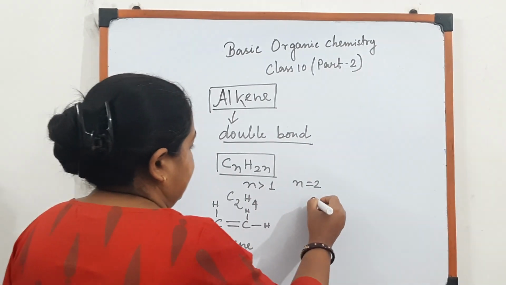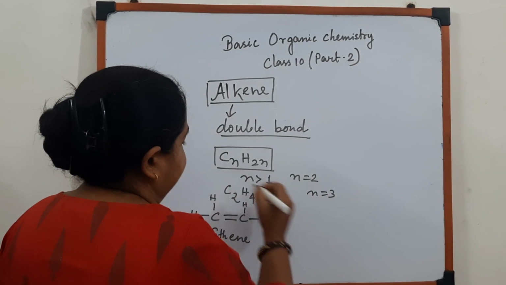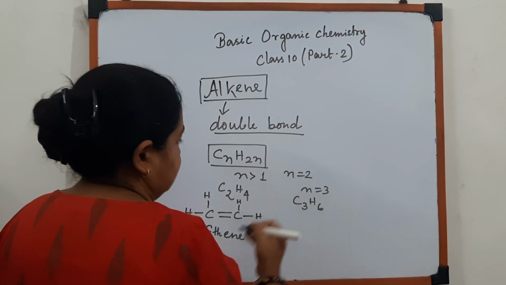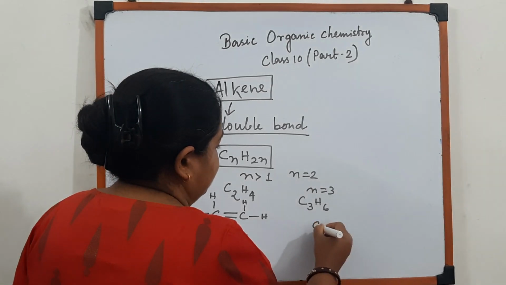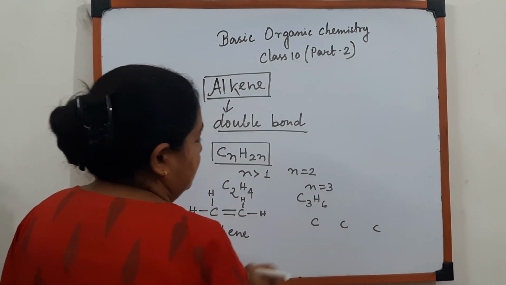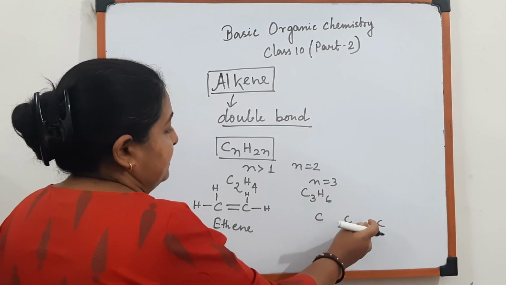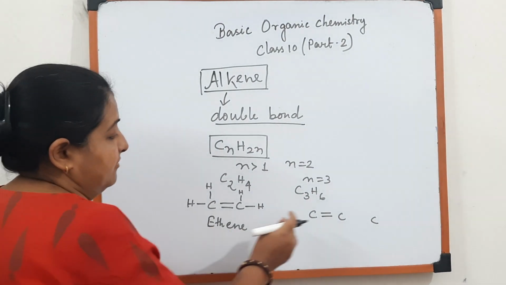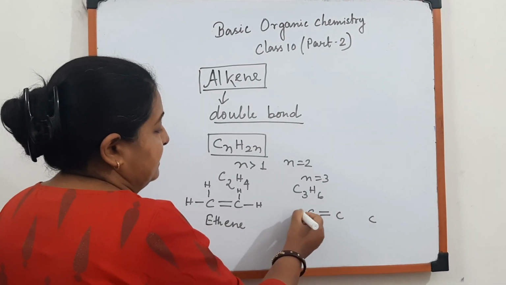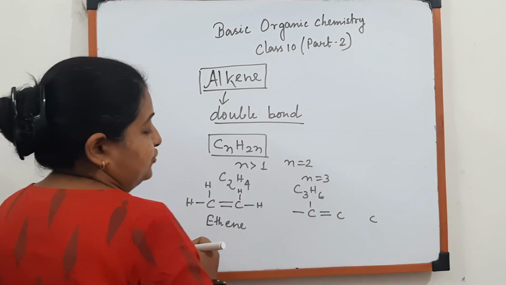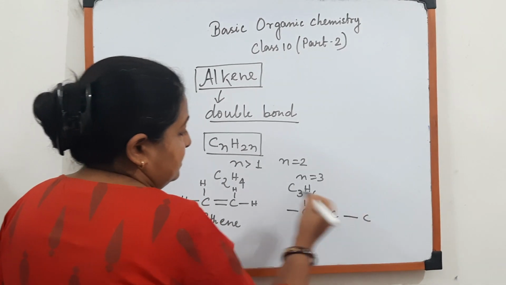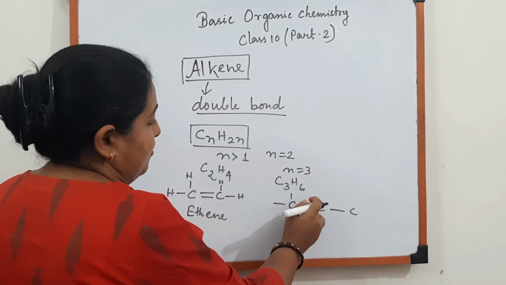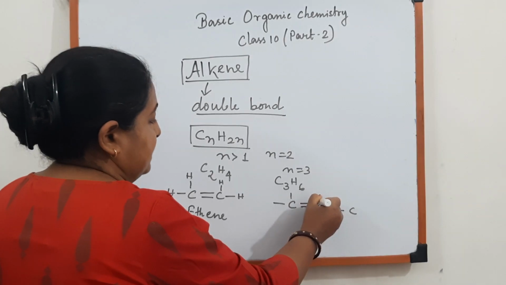Now when n is 3, the molecular formula will be C3H6. What will be the structure? Put the carbon atoms first. You can put the double bond between any carbons. I am putting the double bond between these 2 carbons. Now how many valencies are left? 2 valencies. For this carbon, this is a bond between this carbon and this carbon, so 1, 2, 3 are occupied, remaining another 1.